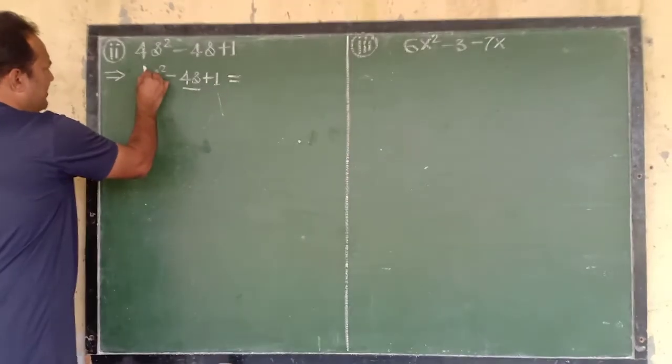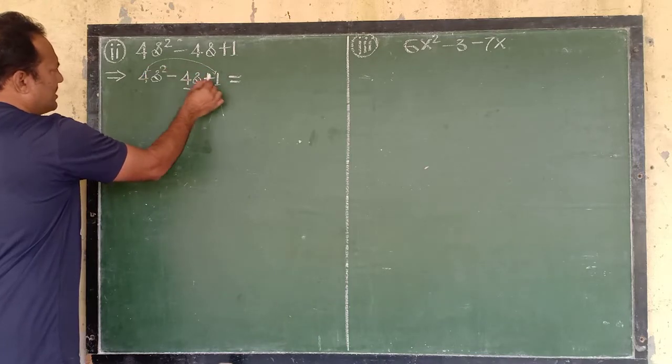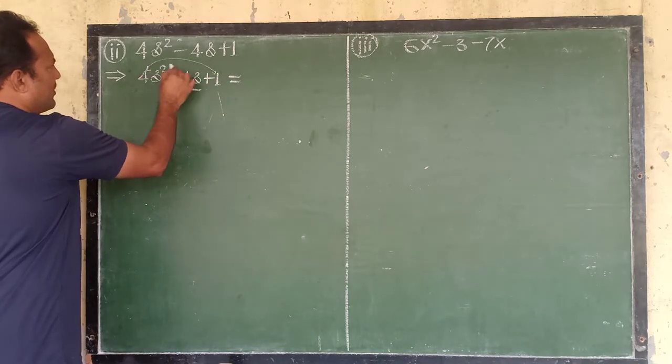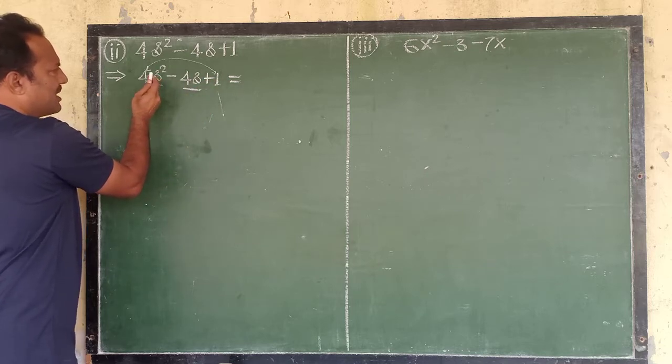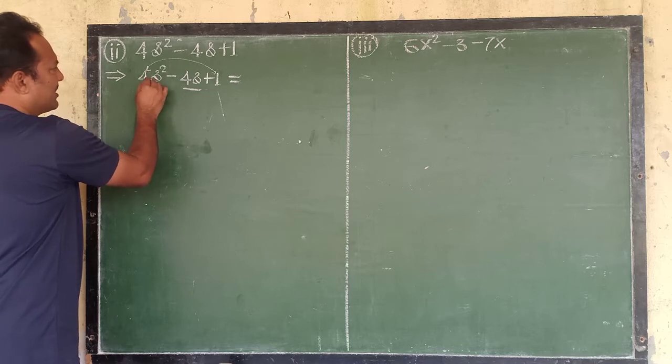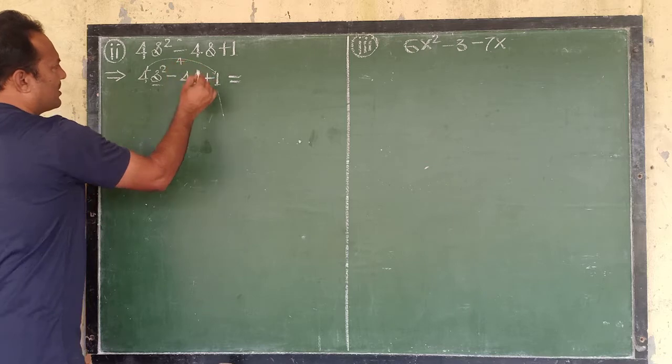Here the constant is given before that s square. Then multiply the coefficient of s square, whatever the variable is, by the constant, that is 4 multiplied by 1, and you will get 4.